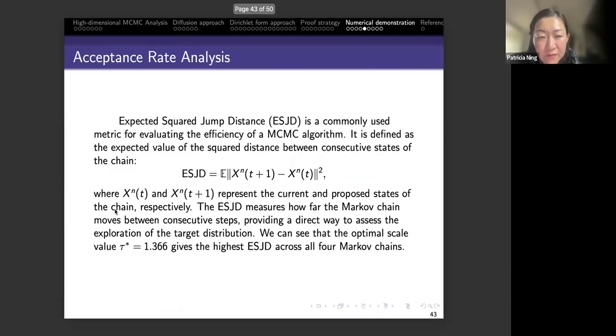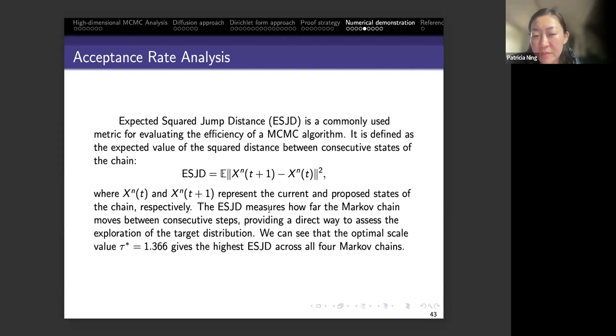Now let's focus on the ESJD. This is a commonly used metric for evaluating the efficiency of an MCMC algorithm. It's defined as the expected value of the squared distance between consecutive states of the chain, the expectation of X_{t+1} minus X_t, then taking the square. Here X_t and X_{t+1} are the current and proposed state of the chain, respectively.